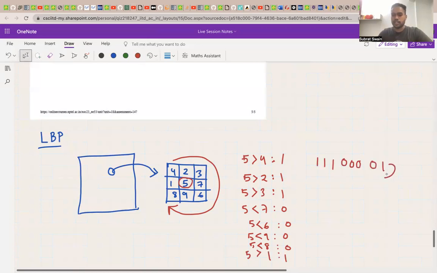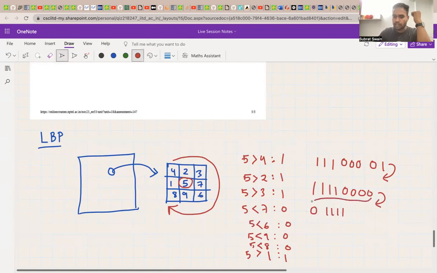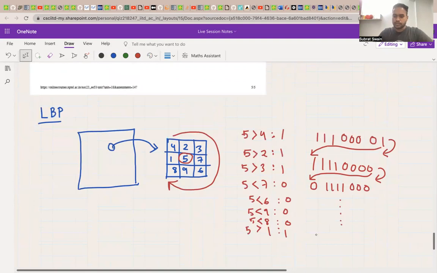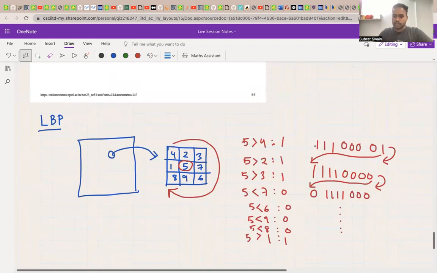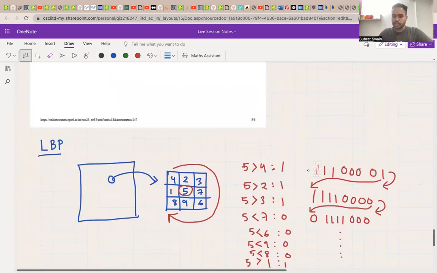And then you start rotating it till you get the number which has the highest value. So if you rotate this, it will be 1, 1, 1, 1, 0, 0, 0, 0. If you rotate once again, it will be 0, 1, 1, 1, 1. You just keep rotating this, a left shift each time.